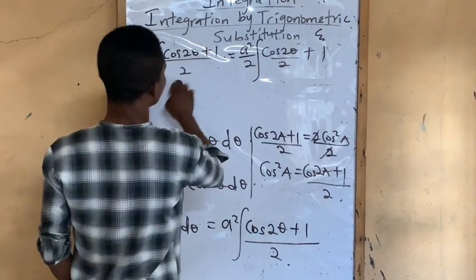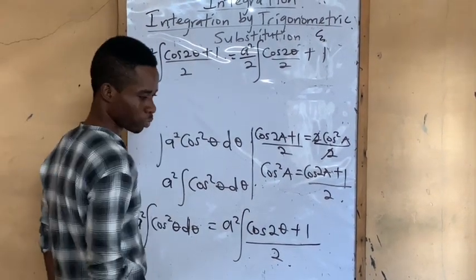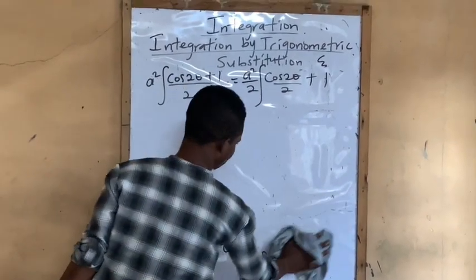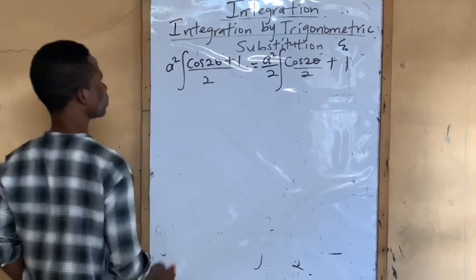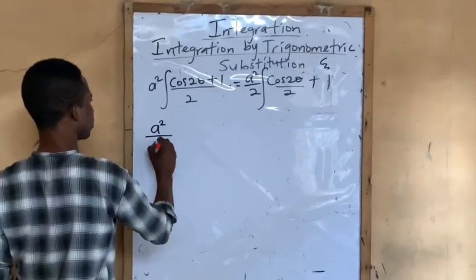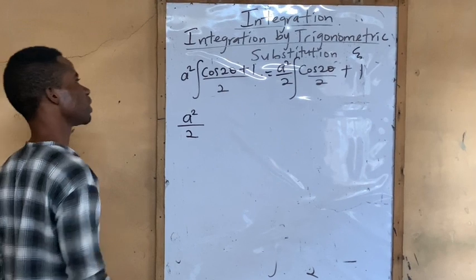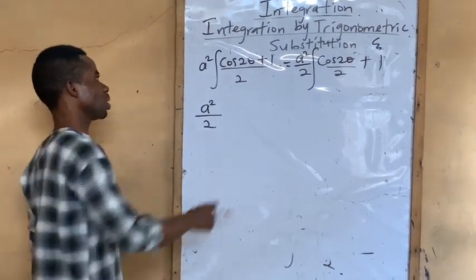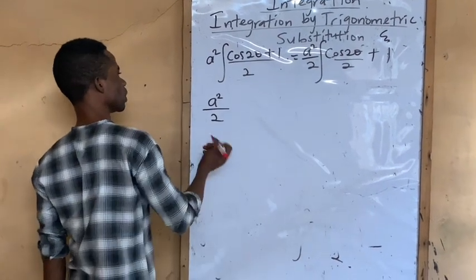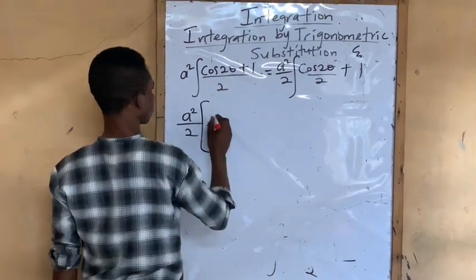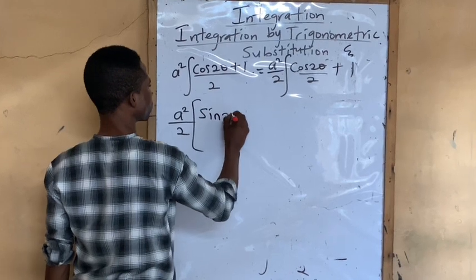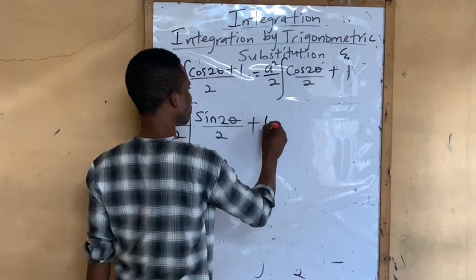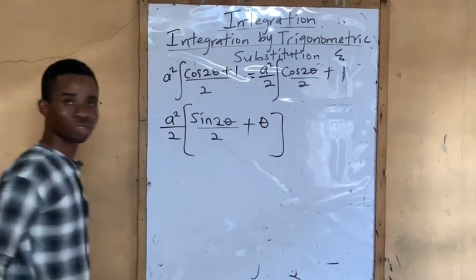Because the 2 is meant for both, if I bring one out, the other one will be inside. So we have a square all over 2. And what is the integration, sorry, what is the integral of cos 2 theta? The integral of cos 2 theta gives me sine 2 theta over 2, plus the integral of 1, which gives me theta. Let me use theta since I'm using theta.